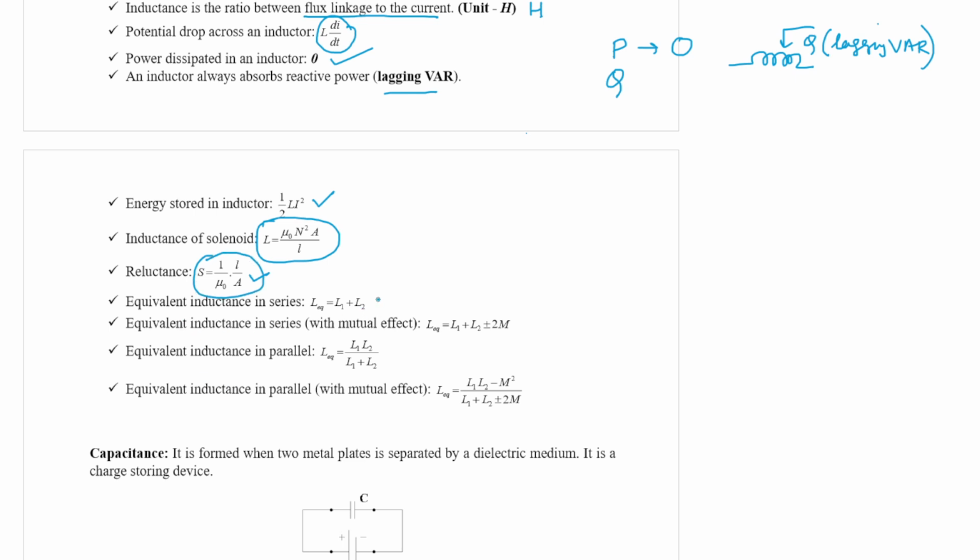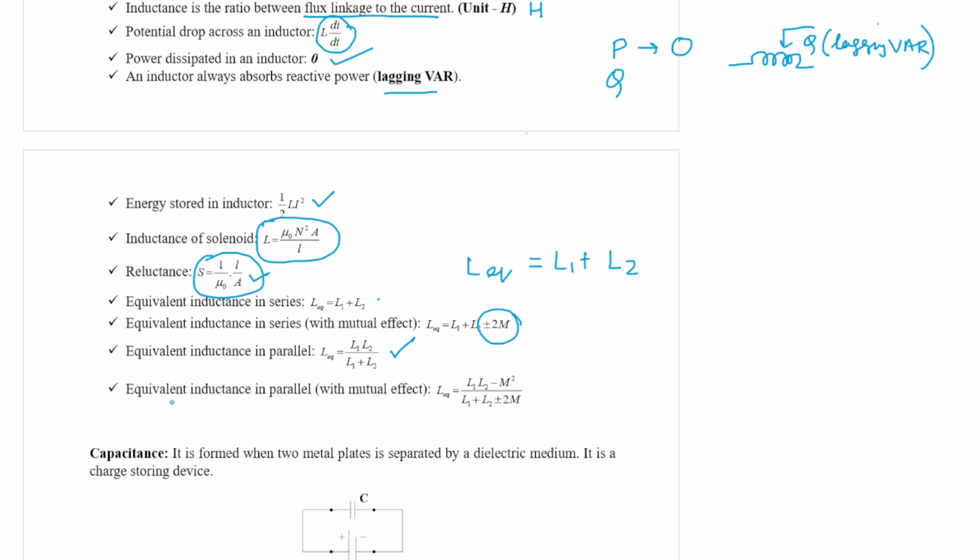Equivalent inductance in series is L1 plus L2. With mutual effect, as I said, it should be plus minus 2M. For additive polarity, it is plus 2M, and for subtractive polarity, it is minus 2M. Equivalent inductance in parallel is L1 L2 by L1 plus L2.